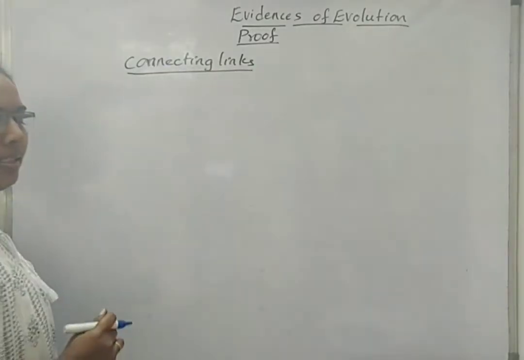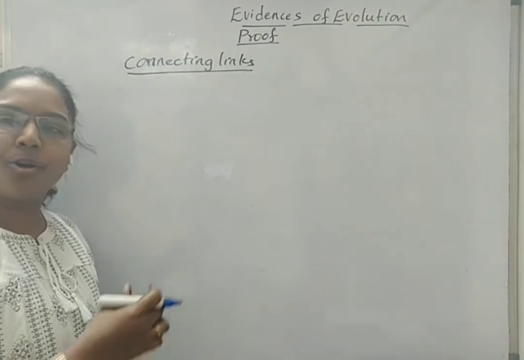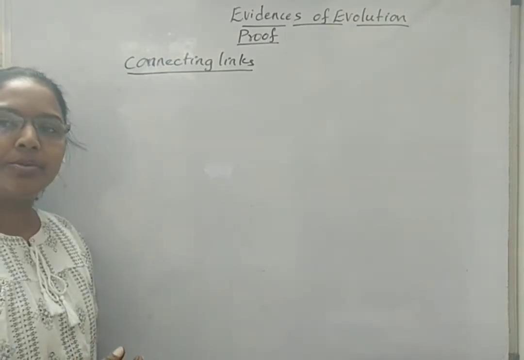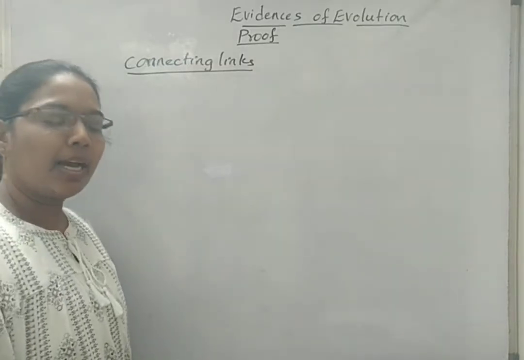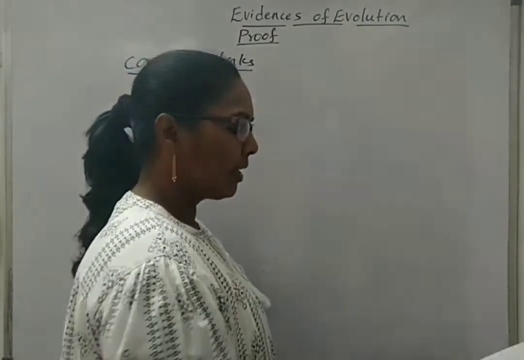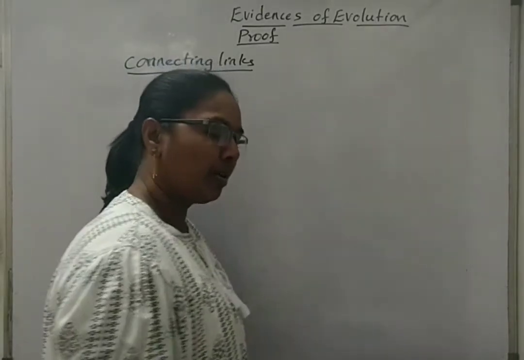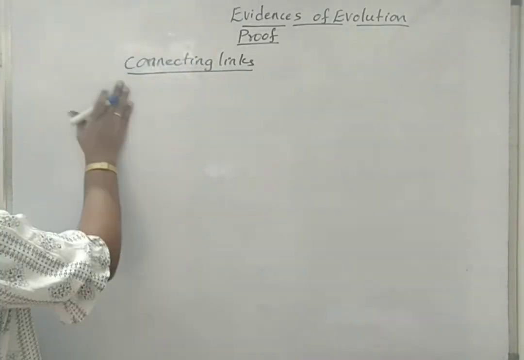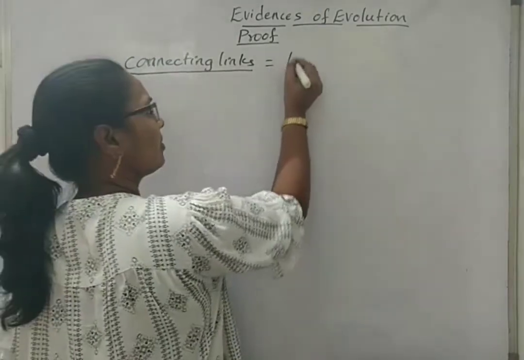What are connecting links? Some organisms are born with characters of two different phyla. For suppose, some types of organisms like hemichordates are connecting links between chordates and non-chordate organisms. So we will see some examples and the meaning of connecting link.